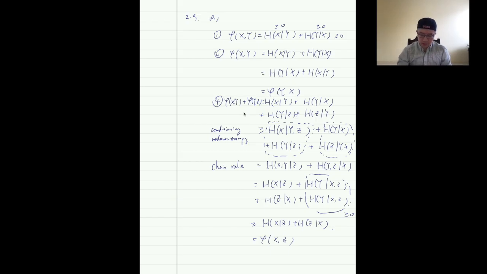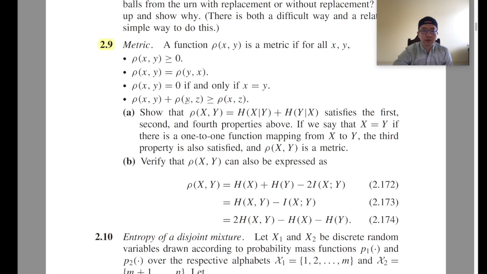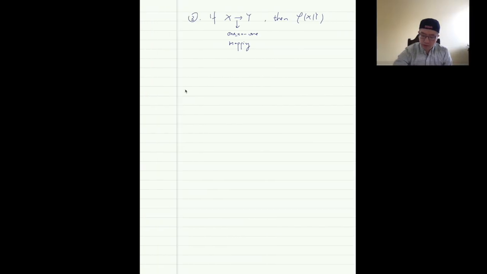Now let's look at the third property. The third property is by definition that if, let's say, x to y is a 1-to-1 mapping, then we would like to show that rho xy equals 0.